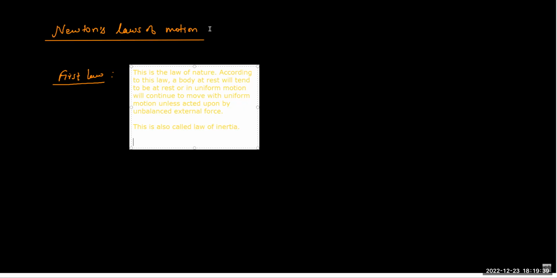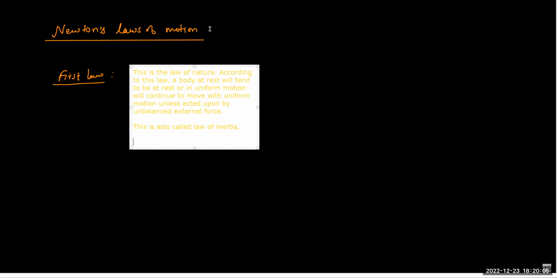Whatever laws of motion you're going to study, they are not applicable for every frame. So Newton defined certain frames in which his idea was valid. And what do we call these frames? Inertial frames of reference. Inertial means the frame in which Newton's laws of motion are valid.